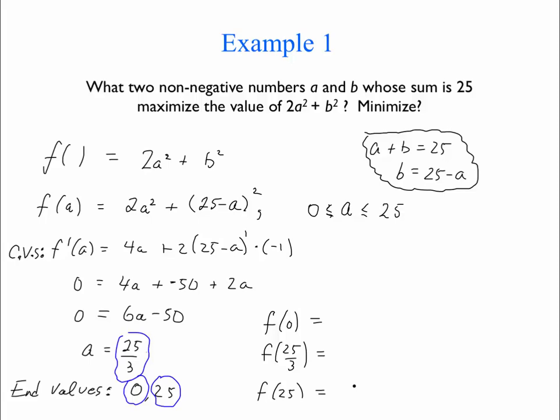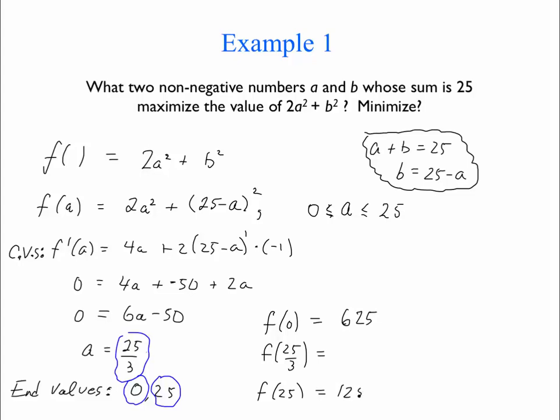Okay, so what's f of 0? 625. Anybody have the second one? f of 25 is 1250.